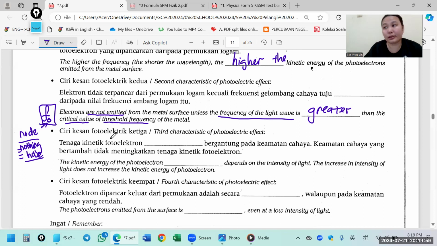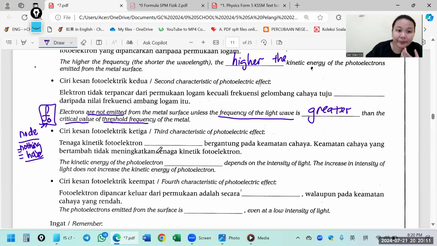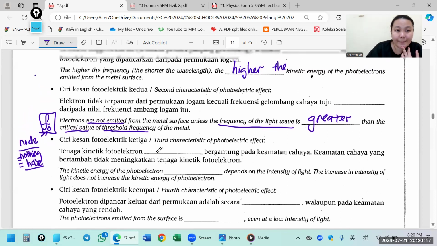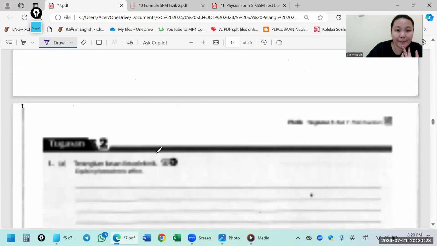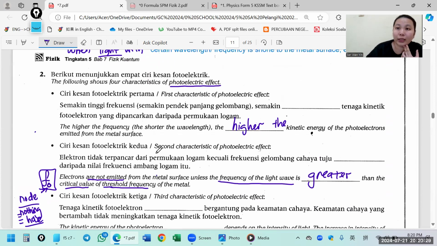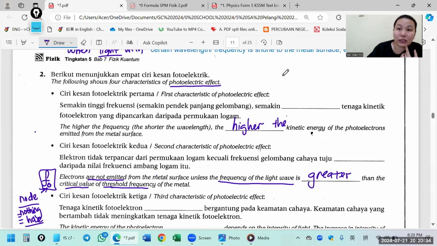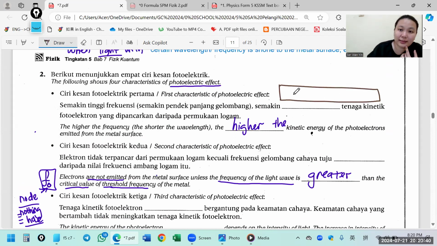So like just now, red light. I think you all draw here, it is easier. So first of all, let's draw a metal surface.